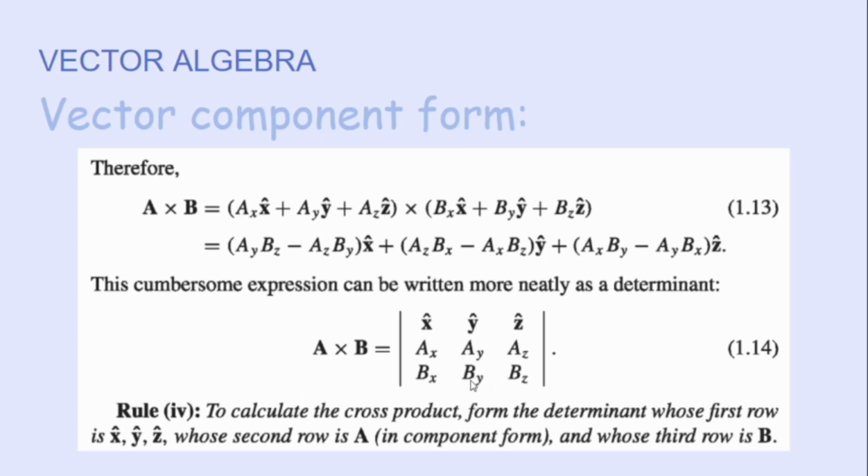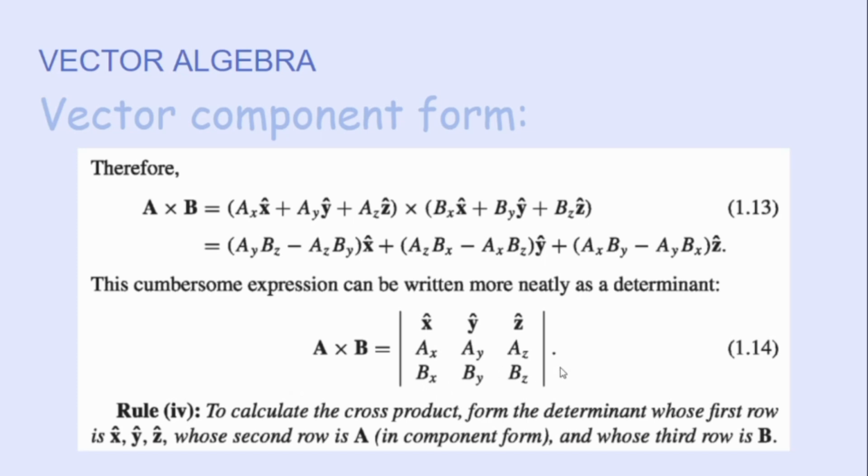Then you will put a negative sign for the j direction or y direction, and you will ignore this column and this row. Then you will multiply ax with bz, and then minus, and then you will multiply az and bx.